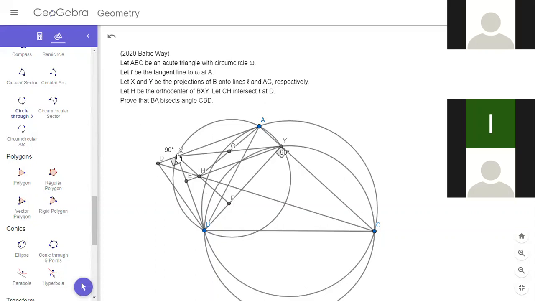So yeah, that makes sense because we have that angle is equal to that angle, which is equal to that angle. Interesting.